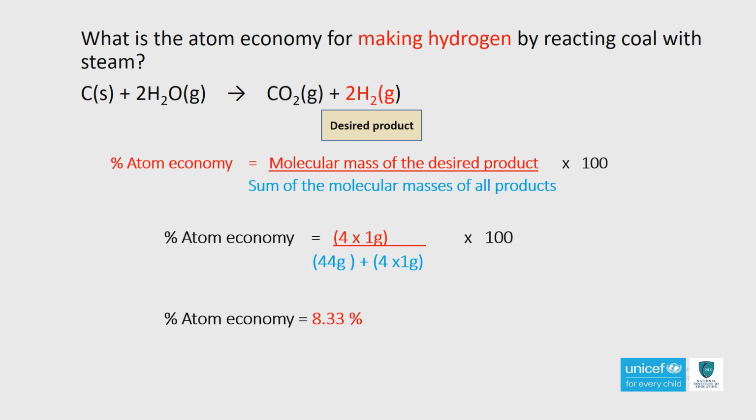In this process, we are getting 8.33% as atom economy. If you think of the efficiency of the process, this cannot be considered an efficient process because we have a very low amount of atoms ending up in the desired product.